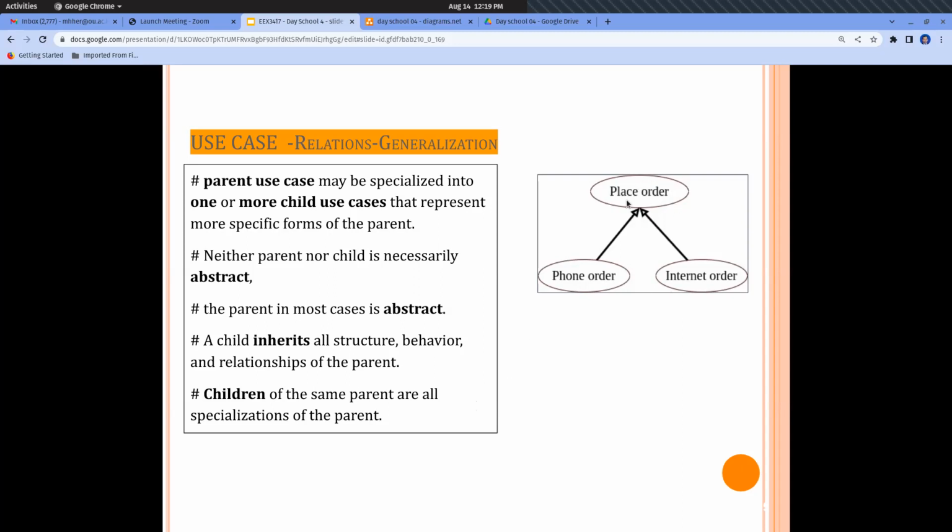This is common to both specialized orders, phone order and internet order. Therefore, we call place order the general order, and phone order and internet order are specialized.